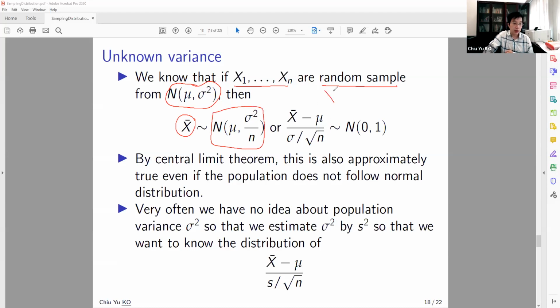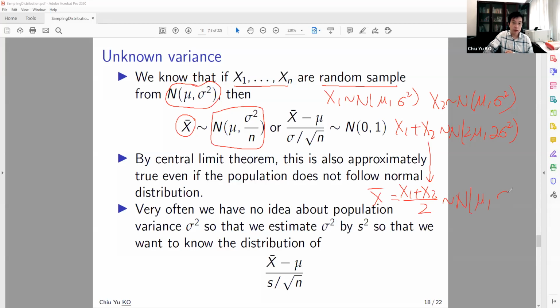X1 has normal mu sigma, X2 is also mu sigma, so X1 plus X2 will be 2 mu, 2 sigma square. And if you take the average, X bar, of 2 of them, it will be mu, sigma square over 2.